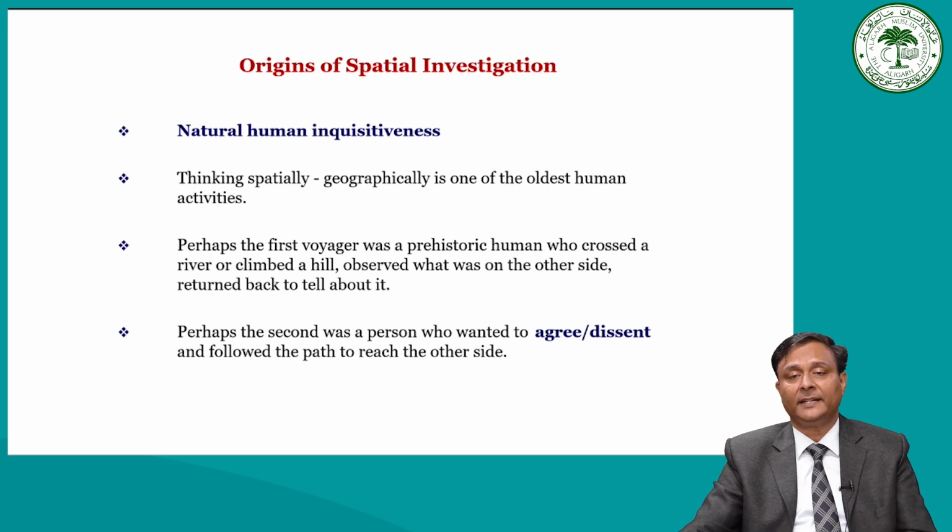And if they disagree, then there would be some conflict between the perspectives of these individuals. So this is why the spatial information gained significance in human interactions, because we try to explain newer areas, newer phenomena, and that way we spread the spatial information among ourselves.